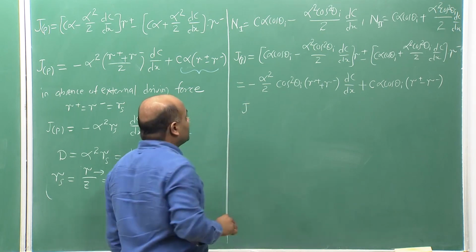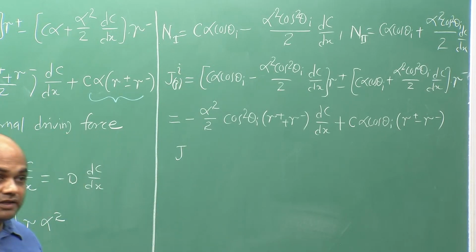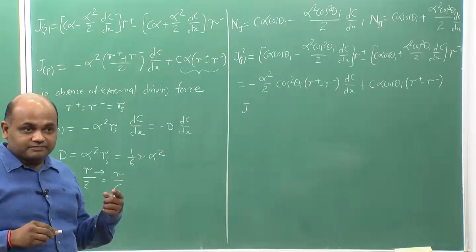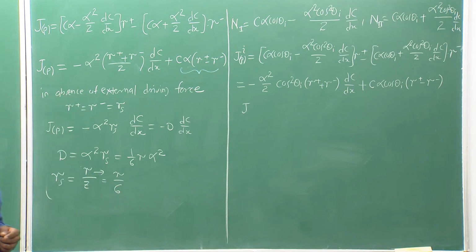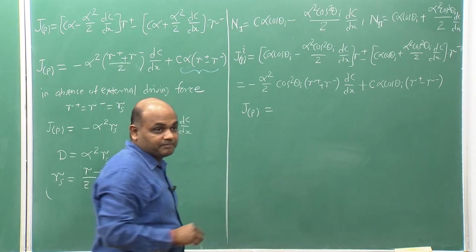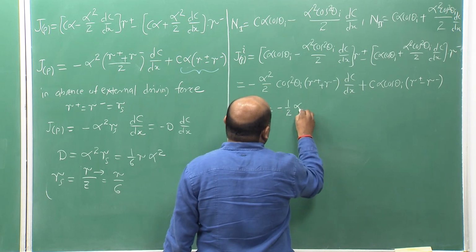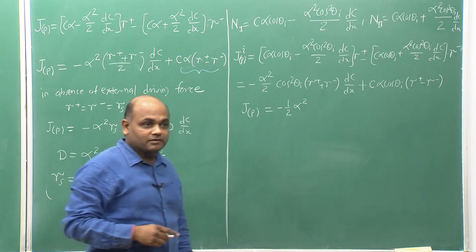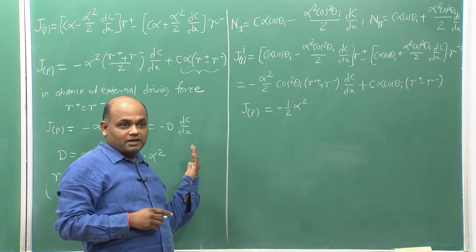Let us denote this Jp more specifically as Jpi, because we are considering only the jump vector I. There will be Z number of jumps possible, because the coordination number is Z. So, to get the total flux, we need to sum over the jumps I. Now, this will be 2 gamma, but only half of the jumps will be in the plus x direction, the remaining half will be in the minus x direction.